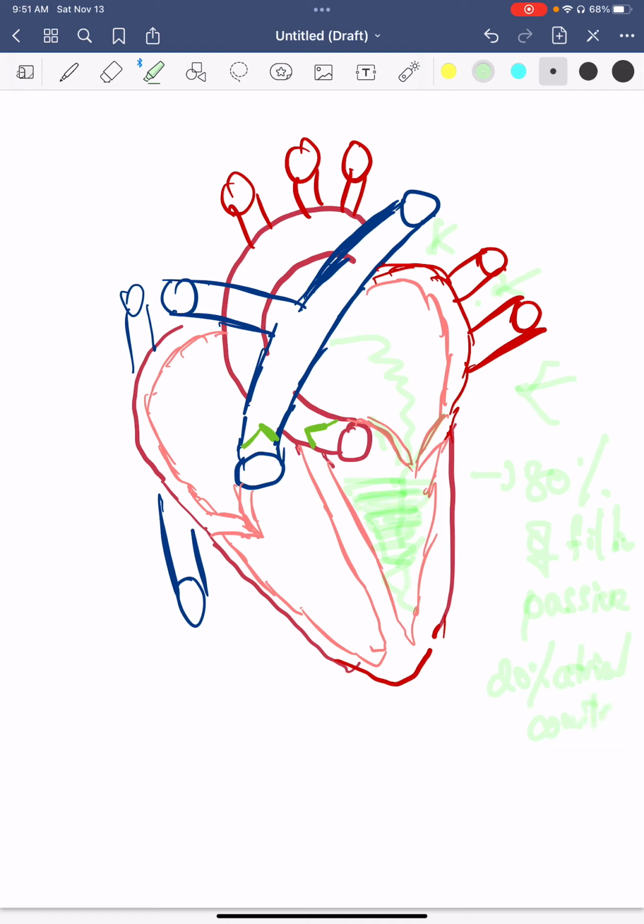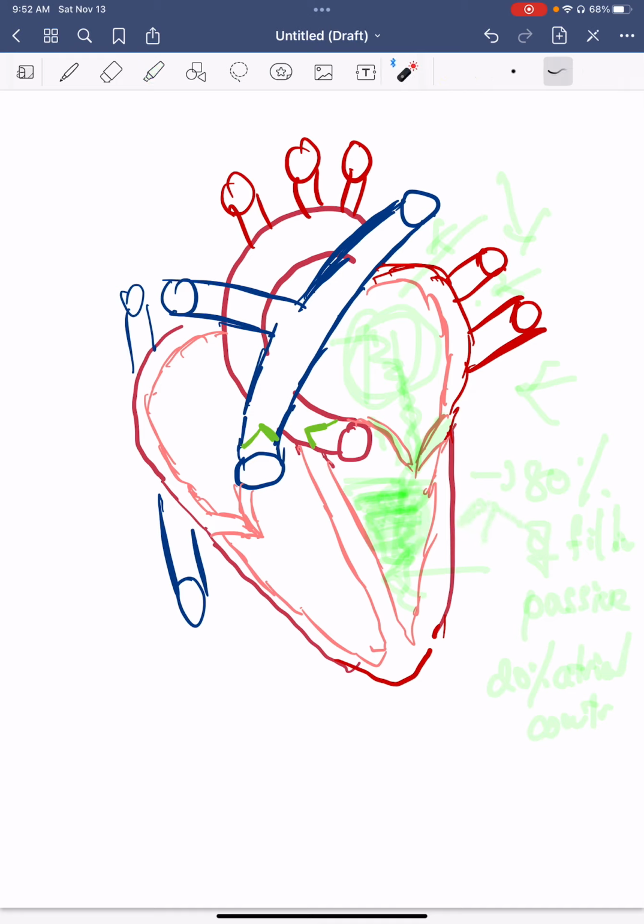So when the ventricle starts filling with blood, as the blood moves from the atrium to the ventricle, the pressure in the atrium goes down. The pressure in the ventricle starts to go up. To prevent the reflow of the blood, the mitral valve is now closed, as the pressure in the left ventricle is increasing.